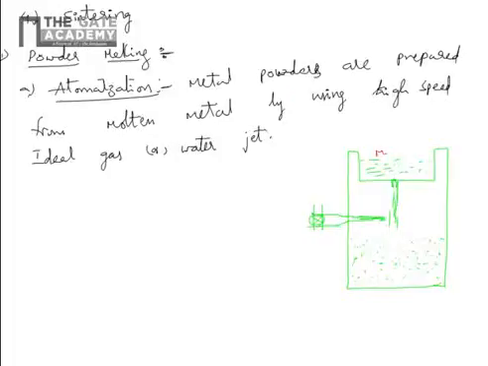This is the molten metal, and this one is the inert gas or water jet. We use inert gas because it won't react with the metal, which is one advantage. Sometimes we use water because inert gas may be costly. This is one of the simplest methods. Another method is chemical reduction.